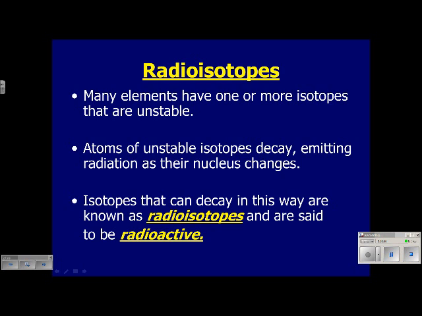So we say that the isotopes decay, but they're not getting old and breaking down. They're just changing, and they change by emitting radiation as their nucleus changes. So if an isotope can decay, if it's unstable, then we call it a radioisotope, and we say that they're radioactive. Those are the terms we use.